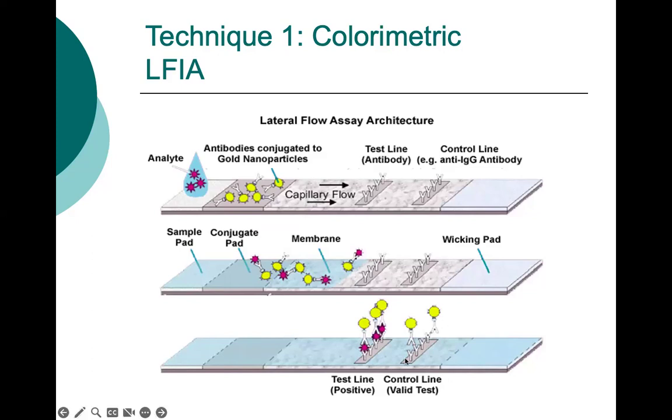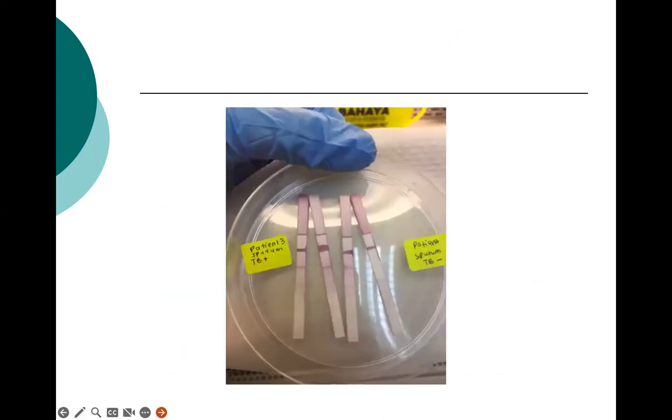So these are well-known test strips, rapid test kits, so you can observe the color change, whether you have two lines, control line and test line, or you might have only one line, which is the control line. So these are examples of optical based sensors, and the color change is due to gold nanoparticles. So the color that you observe is actually gold nanoparticles.